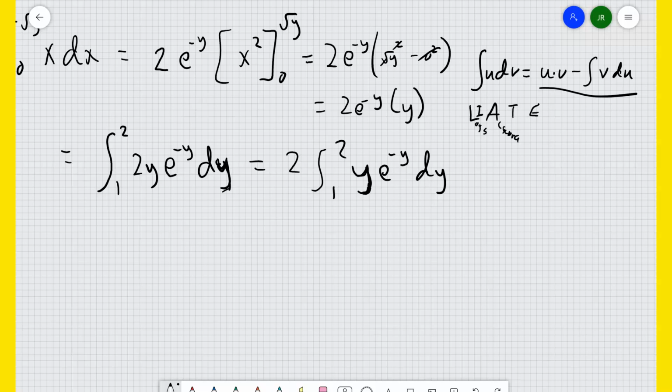This is inverse trig, algebra, trig, exponentials. That tells you what you should make your u, whichever one of these you come to first, reading it left to right. So the first one I come to is the algebra, which would be the y. The y is going to be the u, and the exponential is going to be the dv.